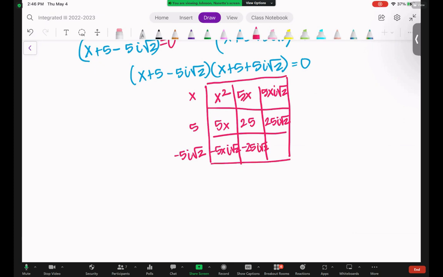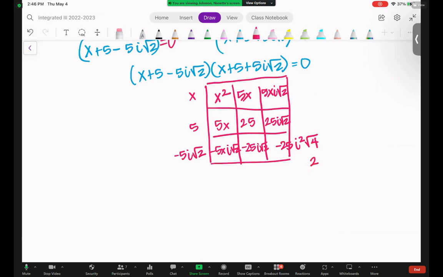And then lastly, I get negative 5 times 5 is negative 25. I get i times i, which is i squared. I get root 2 times root 2, which is root 4, which is really 2. So this is a 2.